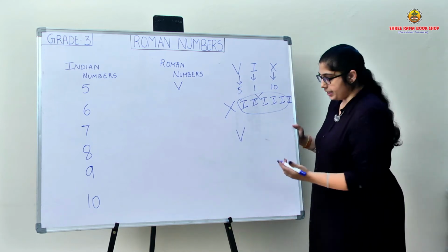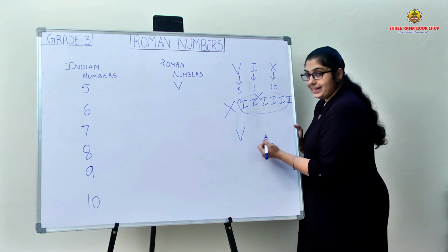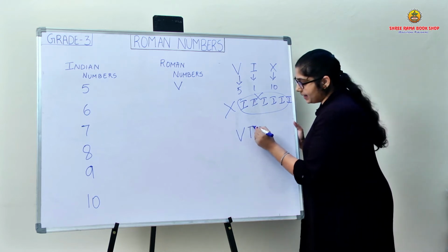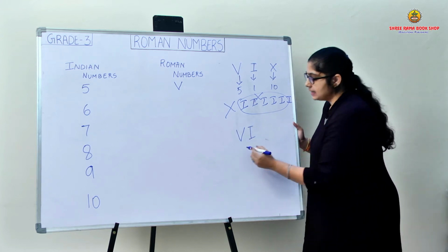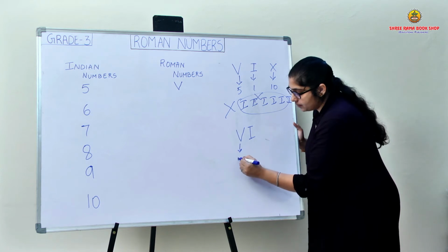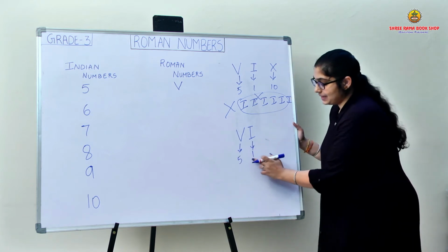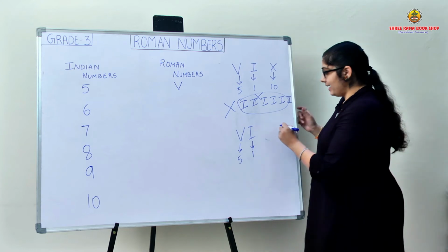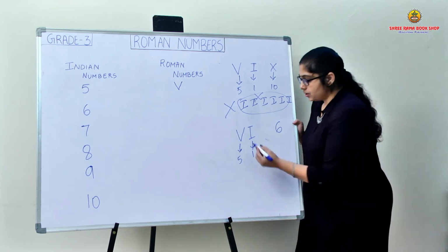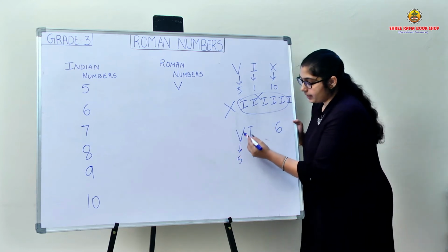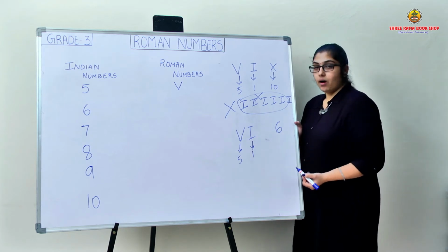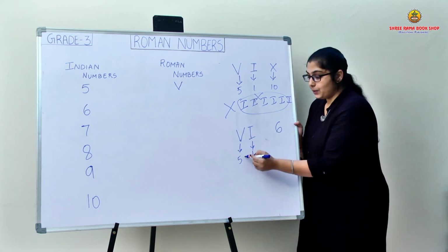So I will be taking V, that is 5, and to the right side of V I will be adding I, because 5 and 1, 5 plus 1 is 6. I get the value 6, right? So as I am putting I towards the right side of V, I need to add the number.